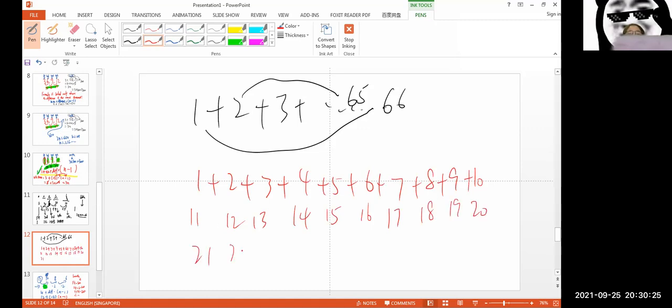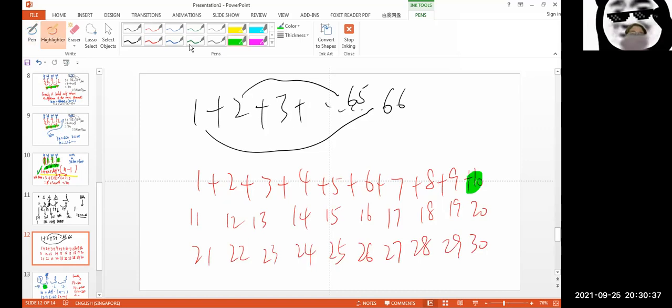Until the 20s: 10, 110, 210, 310, 410, 510, and 55.